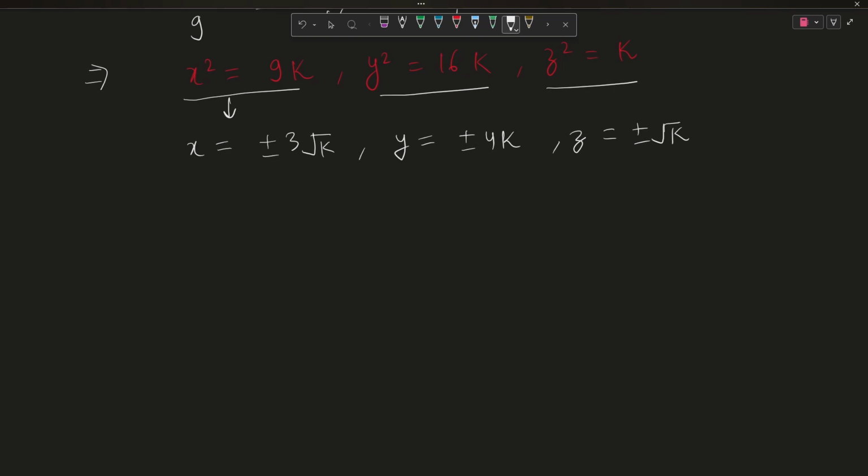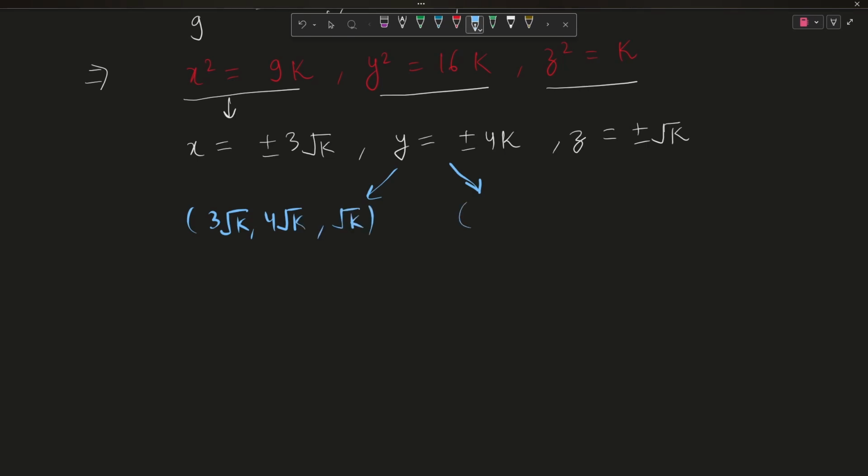Now, as these values have come, there are two sets of values that have been created. The first set of values is 3 root k, 4 root k, and root k.